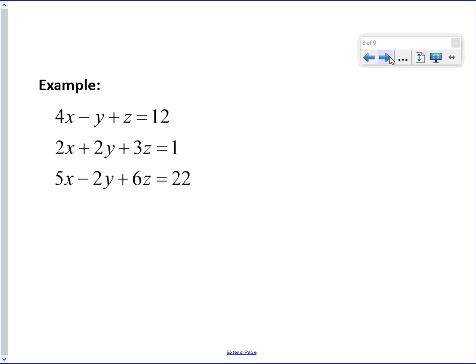So we'll do our coefficient matrix determinant together, and then we'll split the work in the room, and have some groups do x, some groups do y, and some groups do z, and then you can get started on your homework assignment. So I would start with my coefficient matrix.